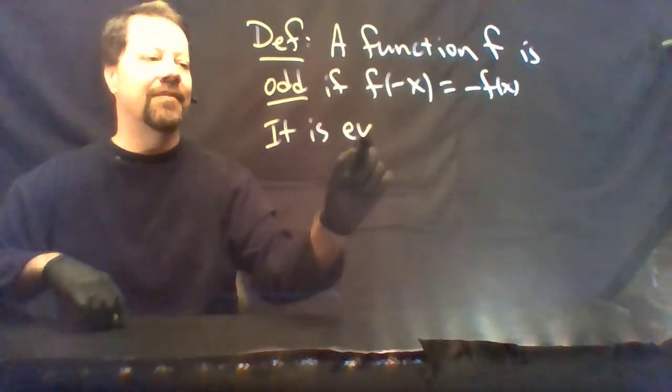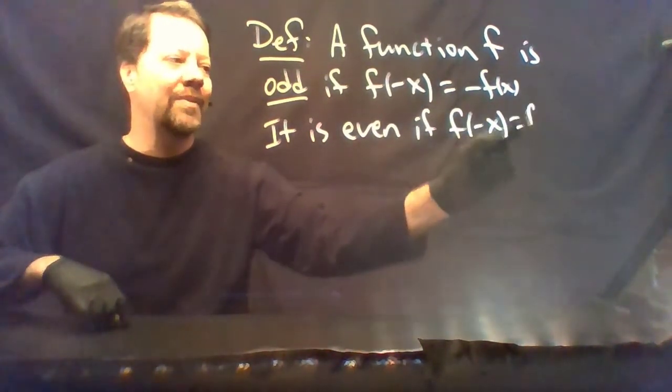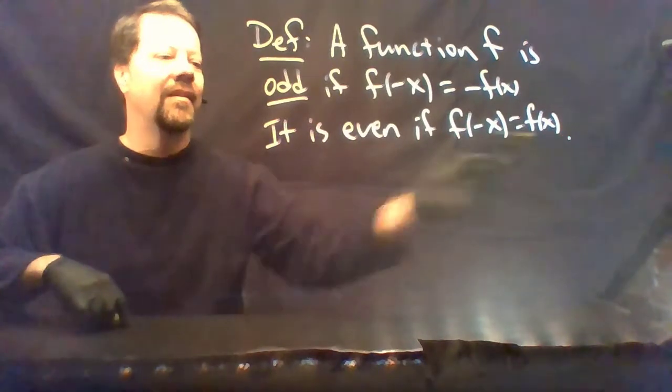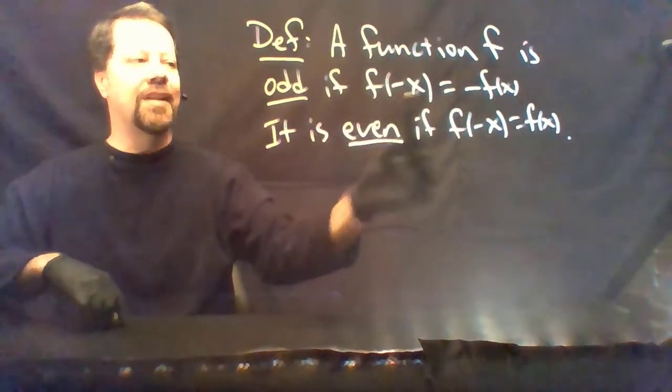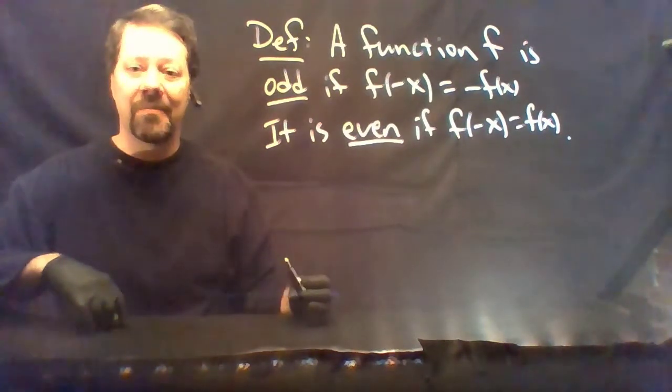It is even if f of negative x equals f of x. So for odd functions, negatives pull out. For even functions, negatives disappear.